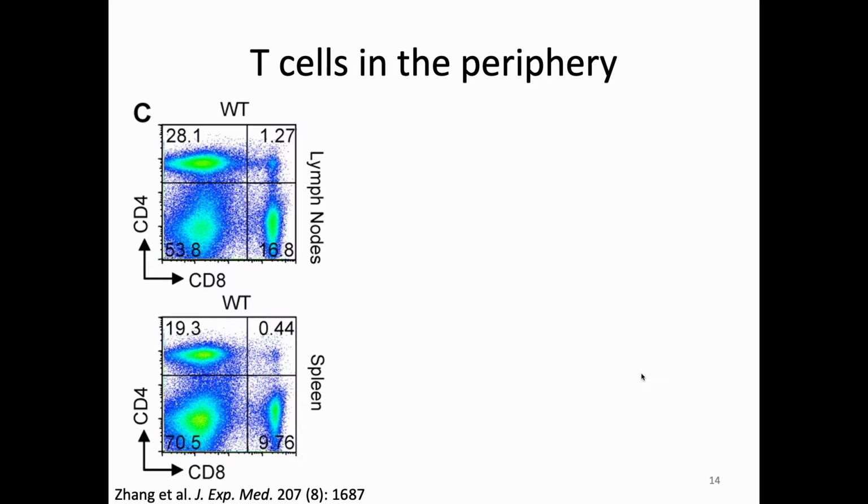Yeah. Okay. And you get this. So if I do my cytometry this way, what are these cells? Yeah, these are the CD8 positive T cells. What are these cells?